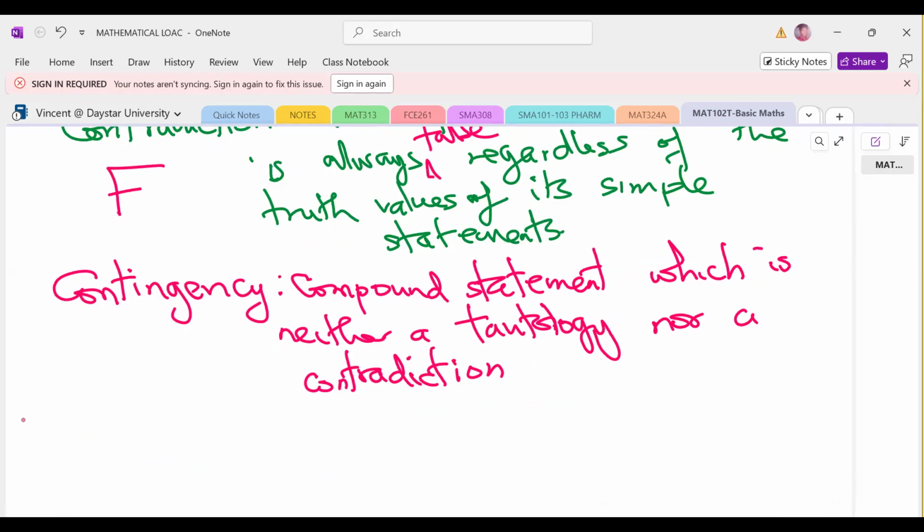The notation: we don't have a symbol for denoting the contingent. So what is not a tautology nor a contradiction is called a contingent.